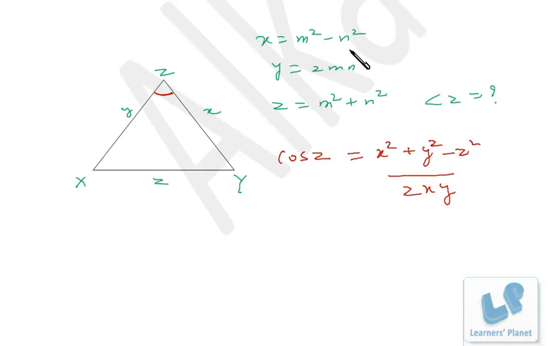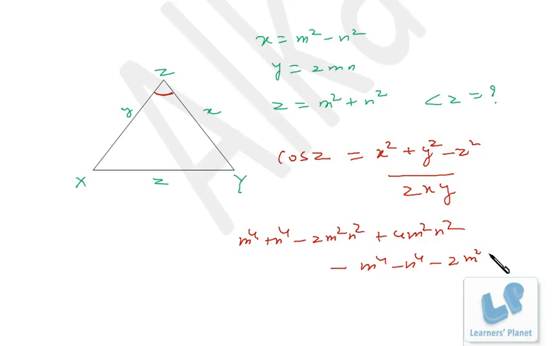So it is m4 plus n4 plus 2 m square n square, plus 4 m square n square, minus z square, which is m4 plus n4 minus 2 m square n square, the whole divided by 2xy.